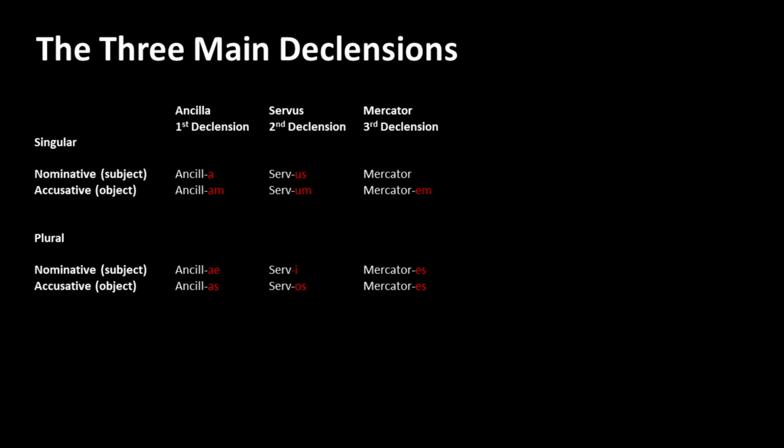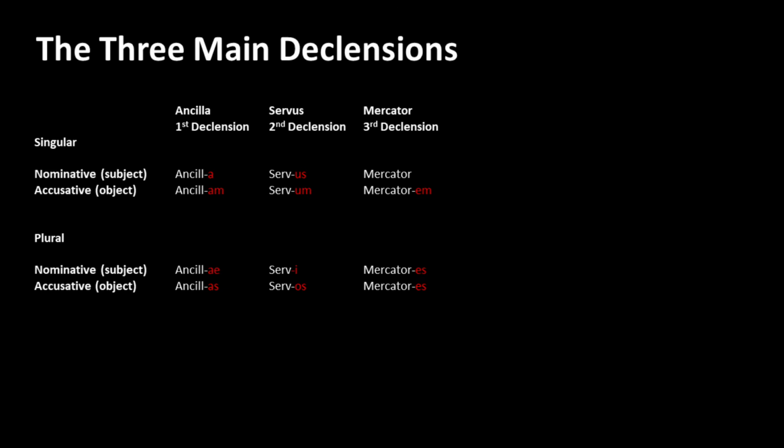Coming back to our main thread, you have the first declension where the nominative singular ends in A and the accusative in AM, and the plural endings are AE and AS. You have ancilla, ancillam, ancillae, ancillas. You have the second declension, and these US endings are not universal to that declension, but again, this is something that we'll overlook for the moment, since we're dealing here with the dative case, not with the case system as a whole.